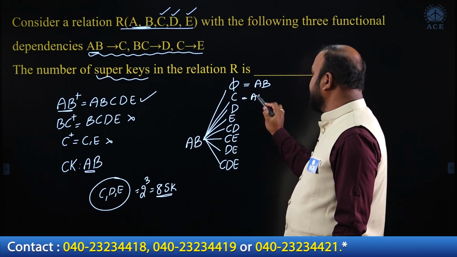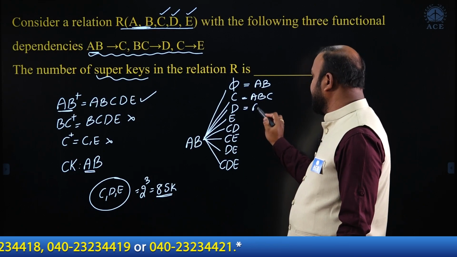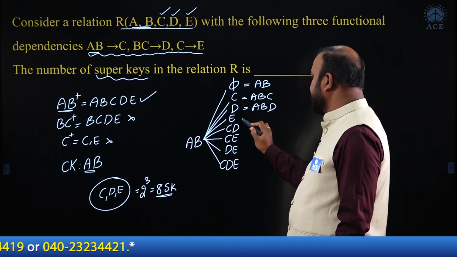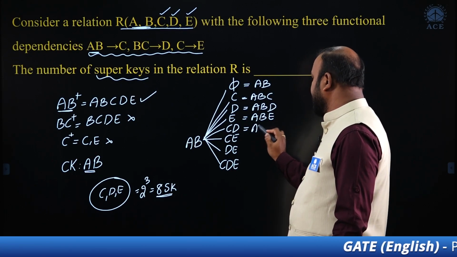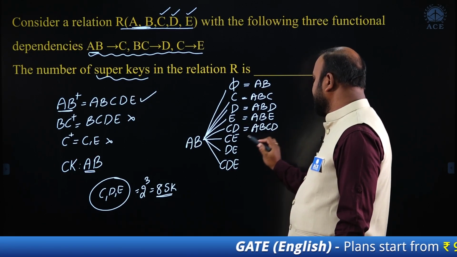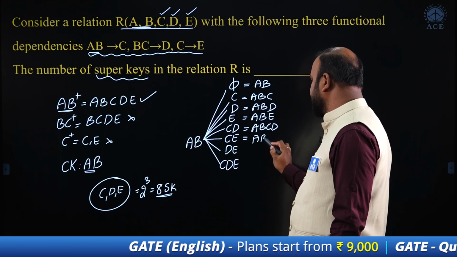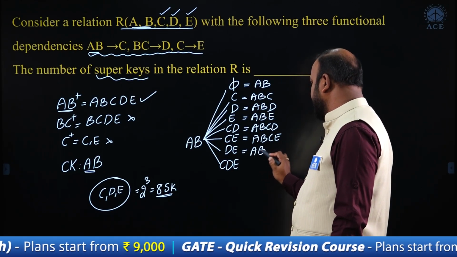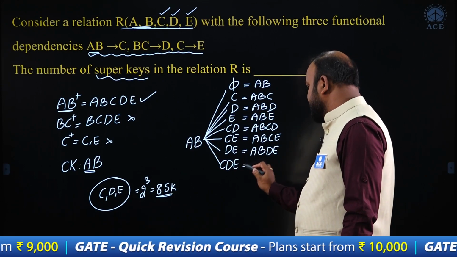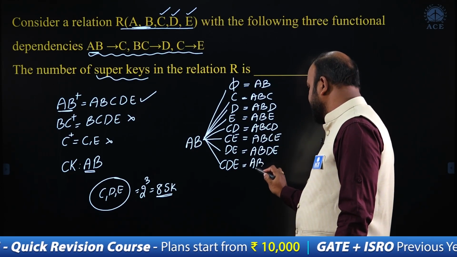AB with C, ABC, with D, ABD, with E, ABE, with CD, ABCD, with CE, we are going to get ABCE. With DE, we are going to get ABDE. With CDE, we are going to get ABCDE.